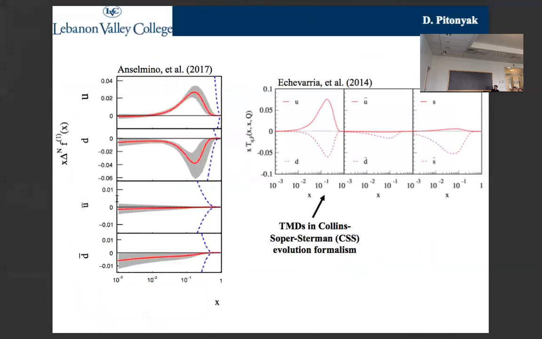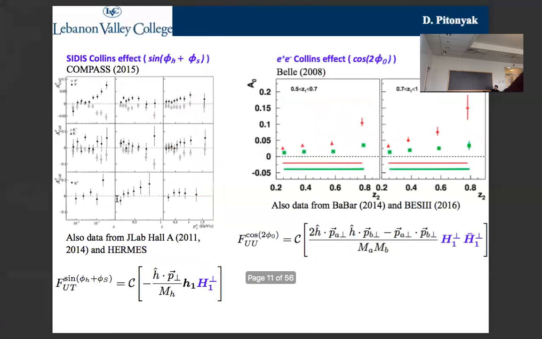I apologize, I don't have the updated Torino extraction. What I want to emphasize is that this extraction by Miguel and Zhongbo and collaborators was done within the Collins-Soper-Sterman evolution formalism, which we'll come back to later on, on why that's important.